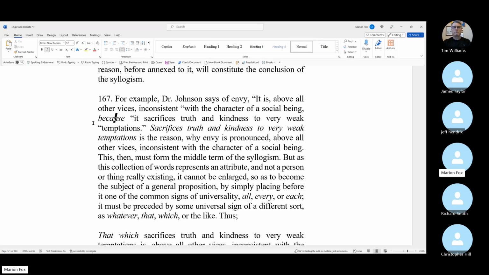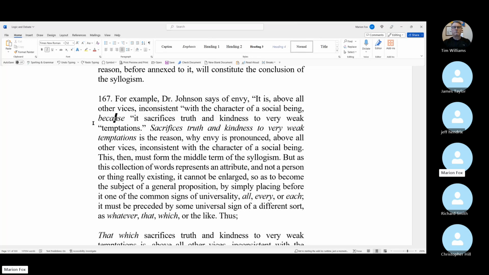But as this collection of words represents an attribute, not a person or a thing really existing, it cannot be enlarged so as to become the subject of a general proposition. So we have to do some fixing on it by placing before it one of the common universal signs, all or every or each.